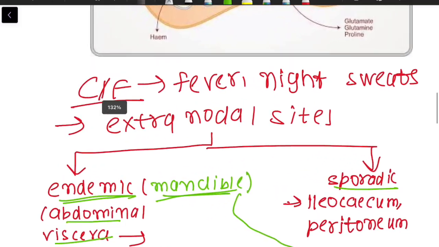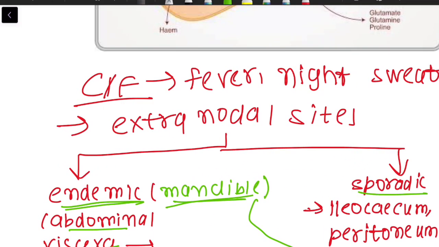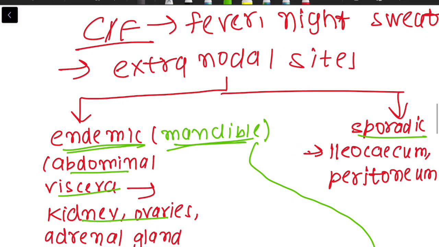Now, if I talk about the clinical features, we see fever and night sweats, and there is extranodal presentation. Now, in the endemic lymphomas and in the sporadic lymphomas, the clinical presentation is different. In the endemic lymphomas, we see mandibular presentation, most commonly.